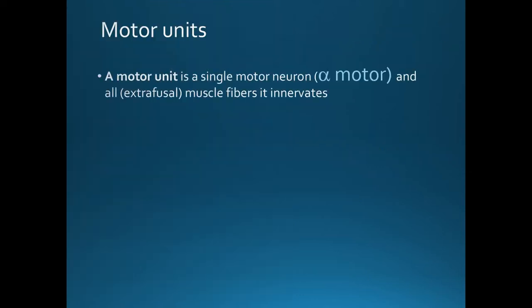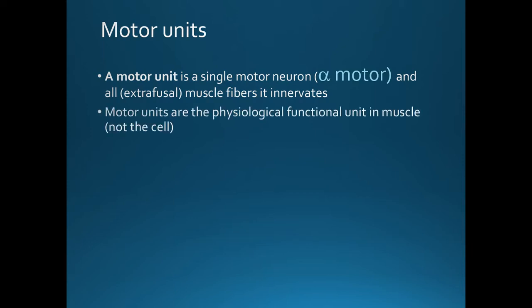Again, a motor unit is a single motor neuron called alpha motor neuron, and all the extrafusal muscle fibers it innervates, as shown in the figure. Motor units are the physiological functional unit in muscle, not the cell.